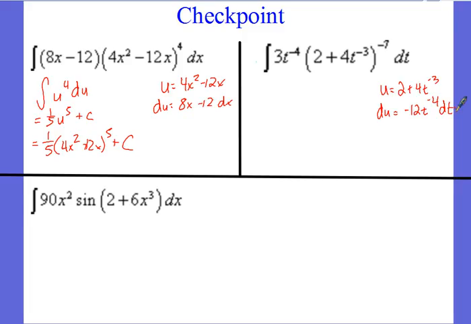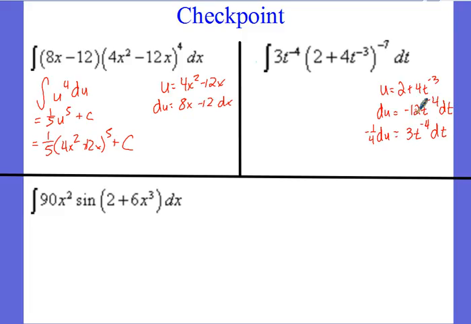So then, negative 1/4, because you're dividing by negative 4. So you're going to multiply by negative 1/4. du is 3t to the negative 4 dt. Does everybody understand that? Because I need the 3. I'm trying to get this negative 12t to the negative 4 to match, if I can.